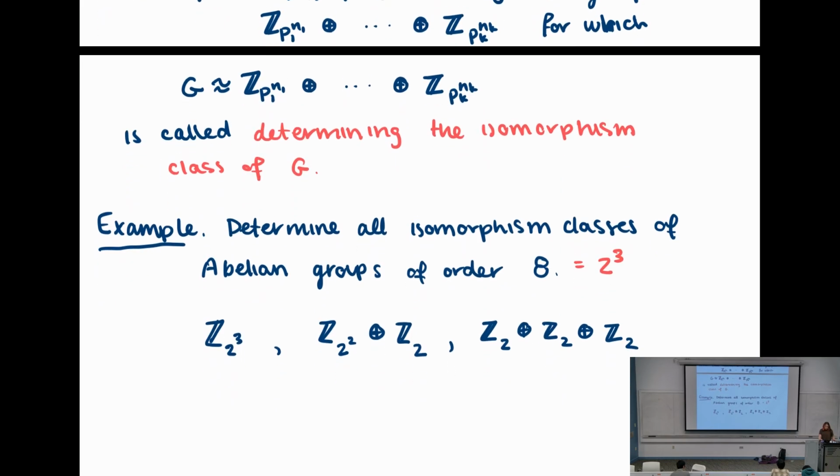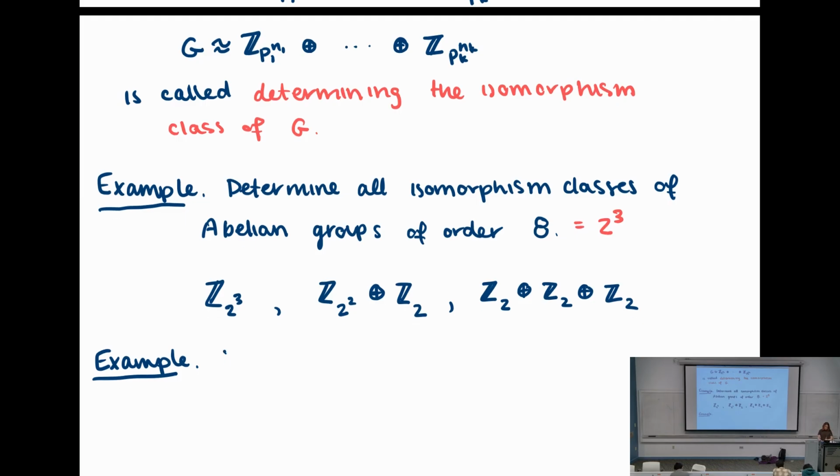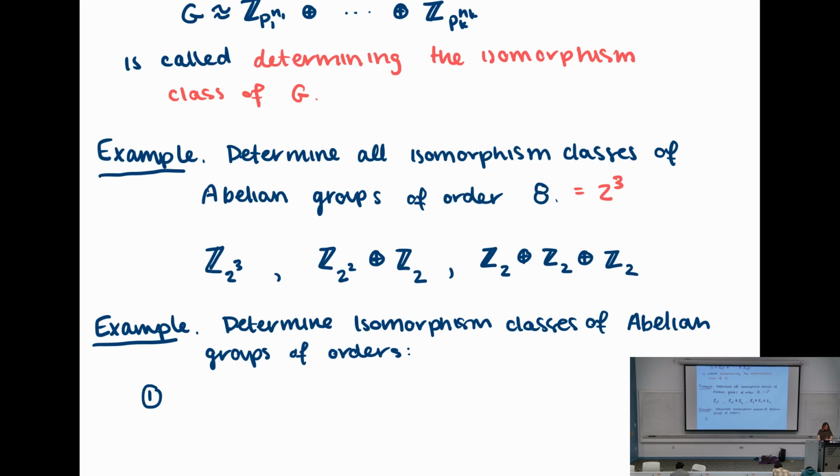Okay, so I'm going to give you a minute to think about 2 examples. So the first one is to determine isomorphism classes of abelian groups of order p to the 4th, where p is a prime.